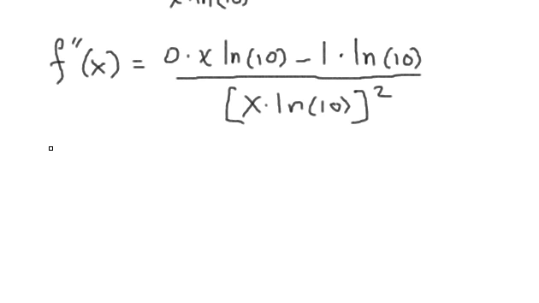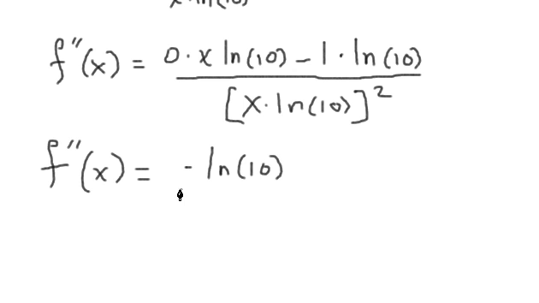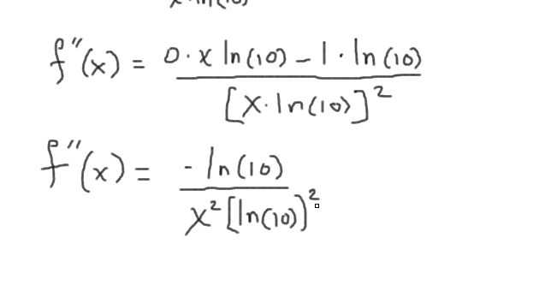Okay, let's clean this thing up. So we have f double prime of x is equal to, so 0 times this stuff here is a 0, and we're just going to be left with, it looks like a negative natural log of 10 up here in the numerator over, and we have x squared, and then we have the natural log of 10, and of course this is all quantity squared down here.